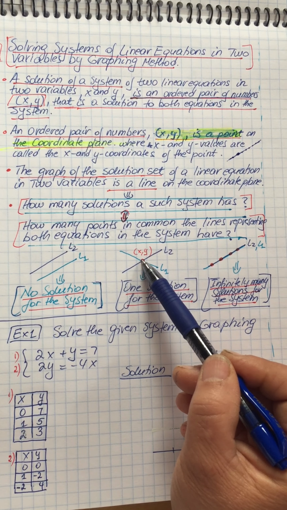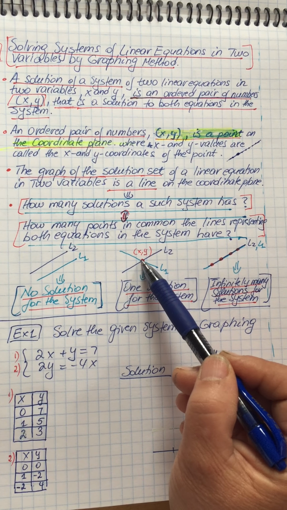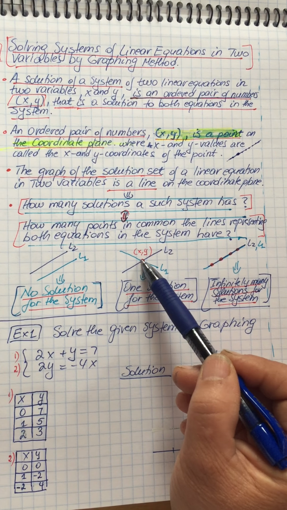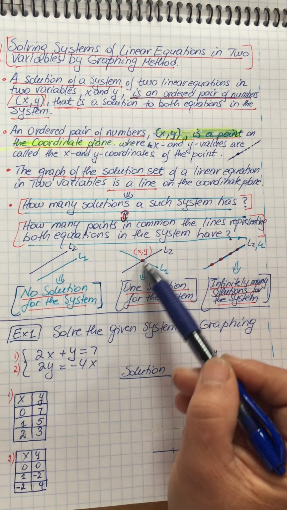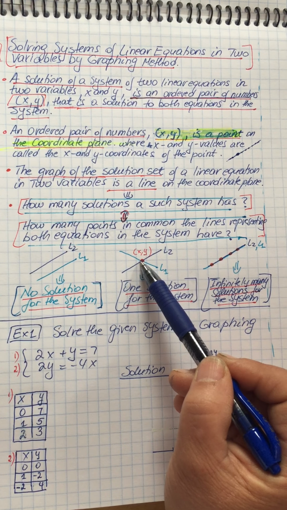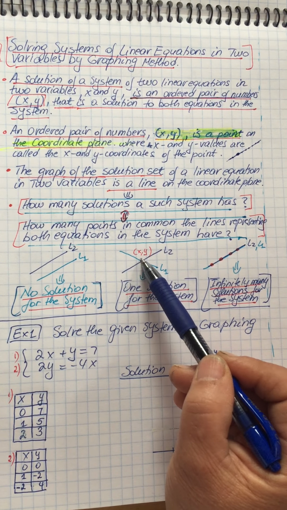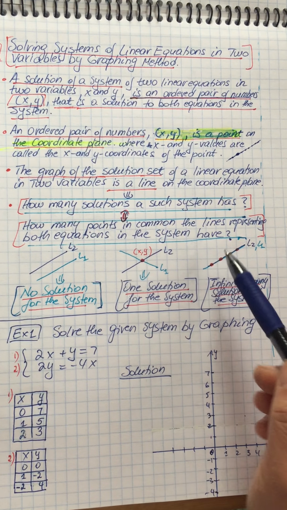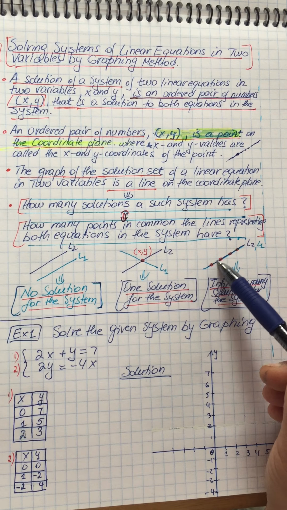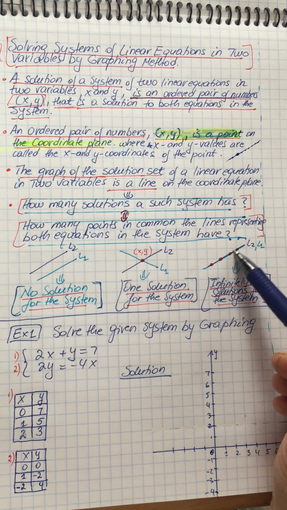Sometimes the lines represented by the equations of the system intersect at one point. That means this intersection point is the common solution. Since it satisfies the equations of both lines, it is the solution of the system. And this is the only one, a unique solution for the system. Sometimes the lines match each other.